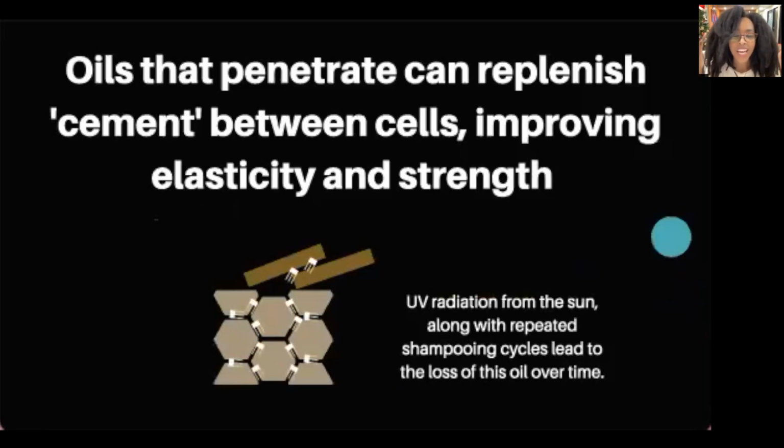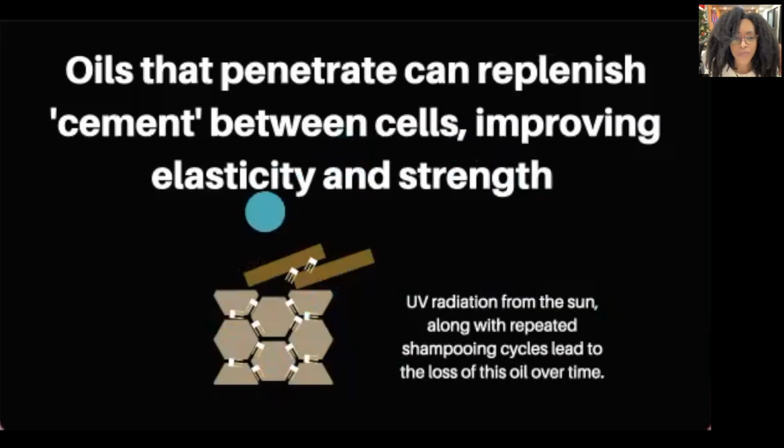Well, oils that penetrate can replenish the cement that we looked at between your cells and improve your hair's elasticity and strength. So we talked about the fact that along with the sun, we've got repeated shampooing and other factors that lead to the loss of this oil over time.